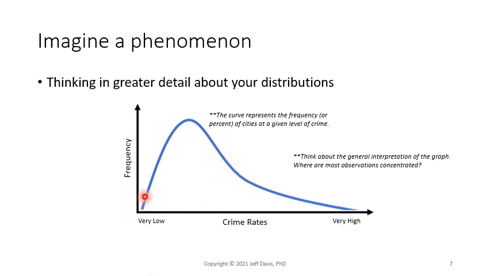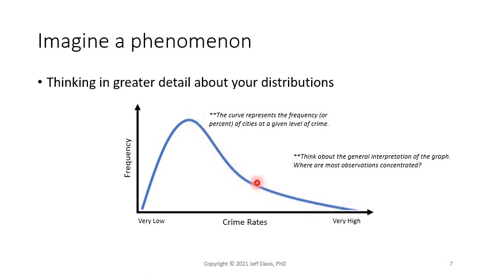All right? So towards the low end, we start to see many more small cities, or whatever the unit of analysis is. We see many more small cities here. Okay? And then after it peaks, we start to see a dramatic drop.